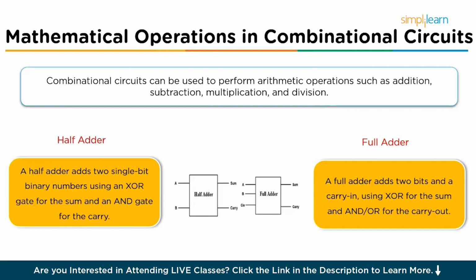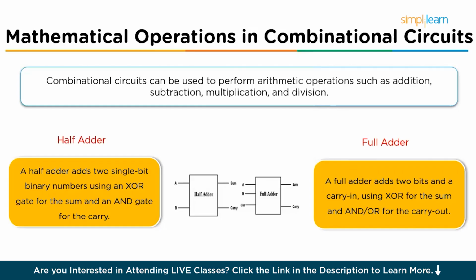It adds two single bit binary numbers and a carry bit from the previous operation. It uses XOR gates for the sum and AND or OR gates to handle the carry bit. By combining these basic circuits, we can create more advanced circuits such as multiplexers, encoders, decoders, and ALUs, arithmetic logic units, all fundamental in digital systems.